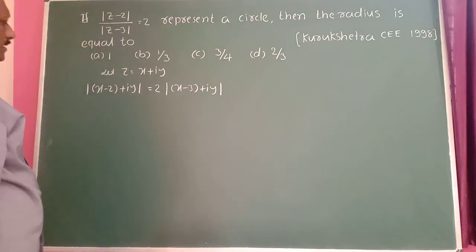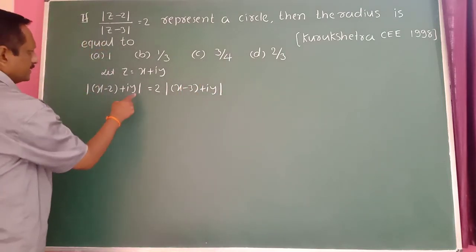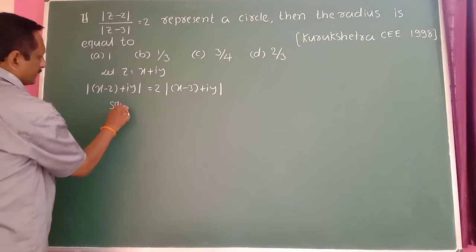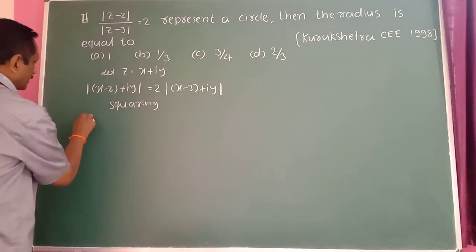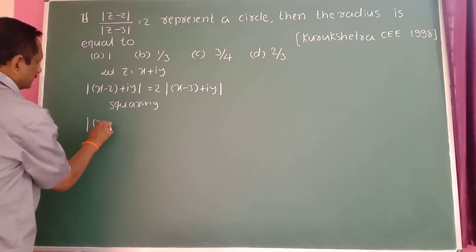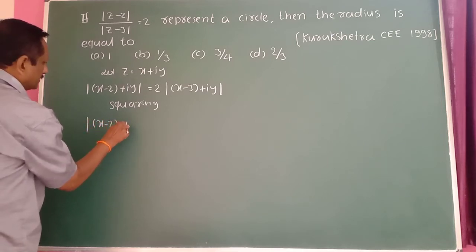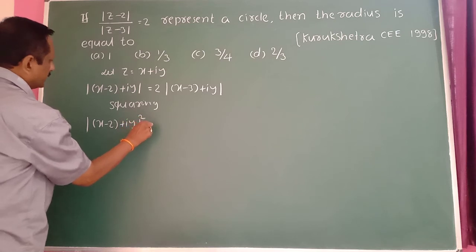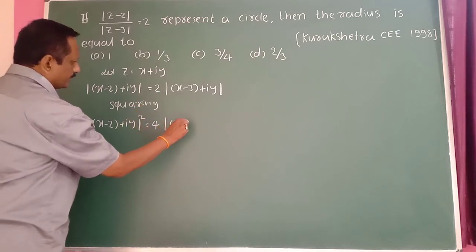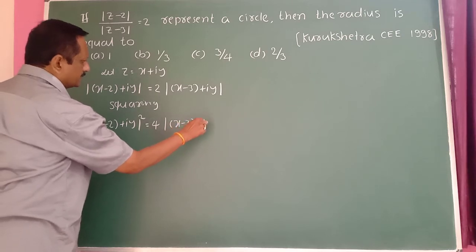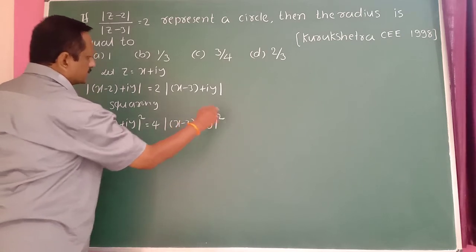Then squaring on both sides, modulus of x minus 2 plus i into y whole square is equal to 2 square, which is 4, times modulus of x minus 3 plus i into y whole square.